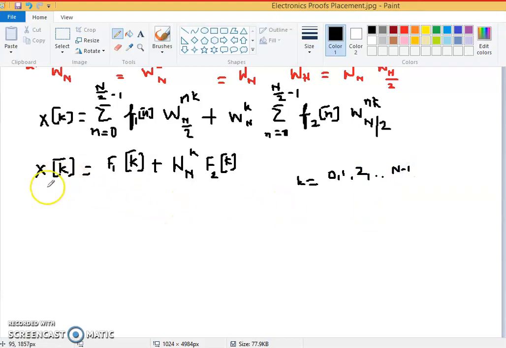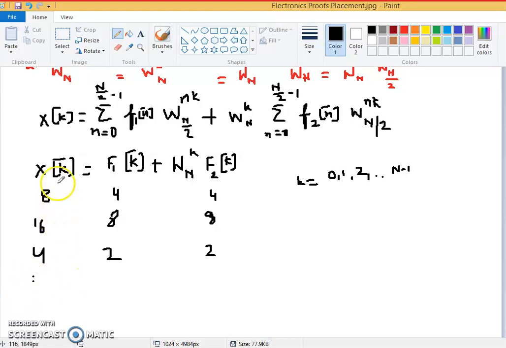What have we done in this expression? This was, let us say, if capital N is 8, an 8-point DFT, and we have divided it into two 4-point DFTs. If it is a 16-point DFT, we have divided it into two 8-point DFTs. If it is a 4-point DFT, we have divided it into two 2-point DFTs, and so on.